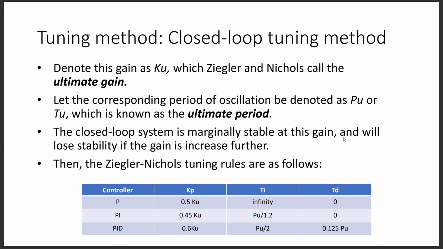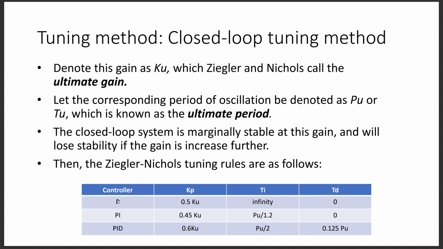Your closed loop system right now, when you have this ultimate gain and you have only oscillations, is marginally stable. And if you keep increasing your gain, you're going to have an unstable system. Okay. Now that you have Ku and Pu, the ultimate gain and ultimate period, Ziegler and Nichols suggest this chart or this table.